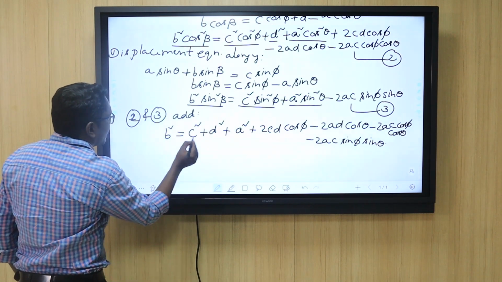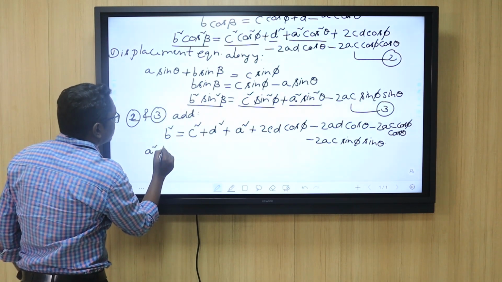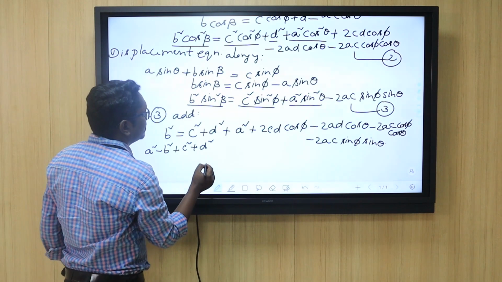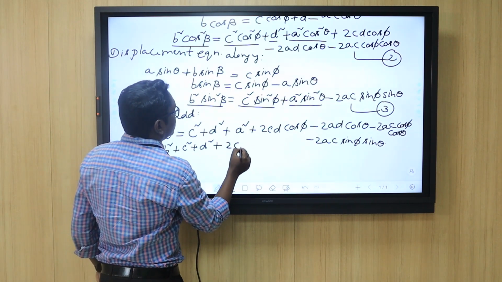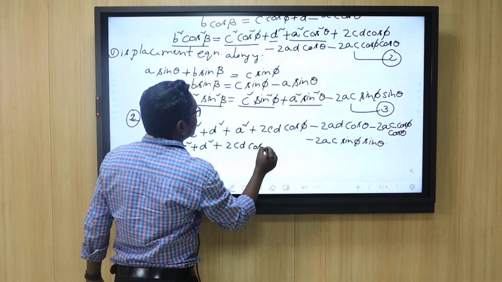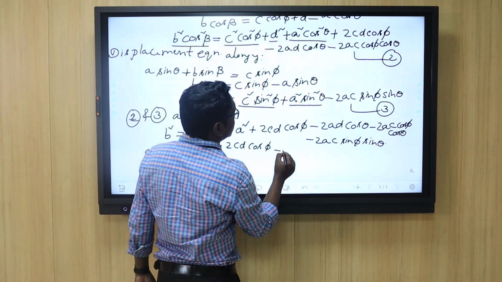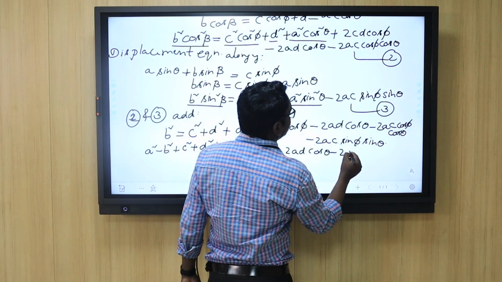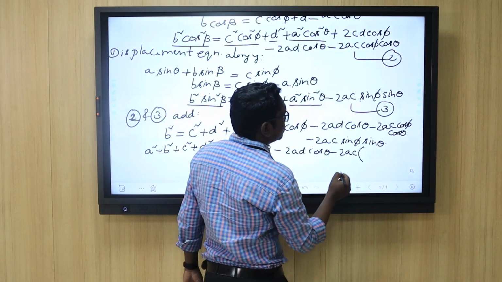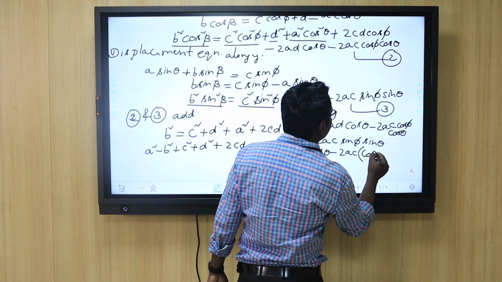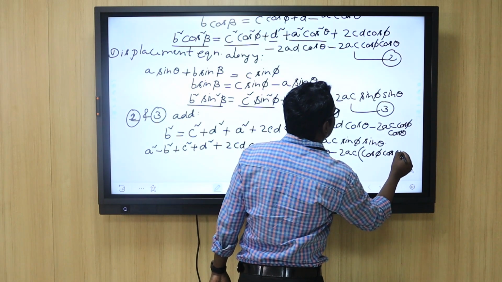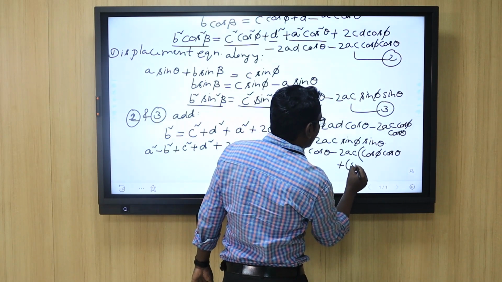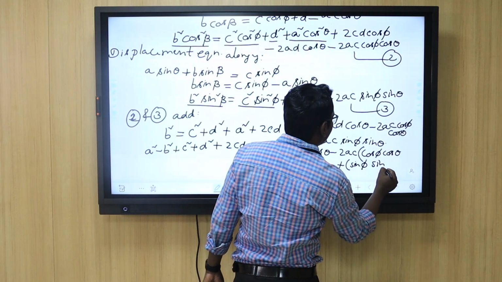So let us write this equation: a square minus b square plus c square plus d square plus 2cd cos phi minus 2ad cos theta minus 2ac of cos phi cos theta plus sin phi sin theta, since we are taking the minus common.